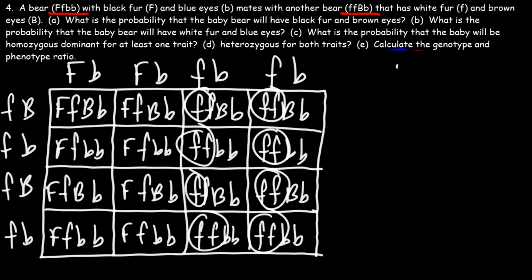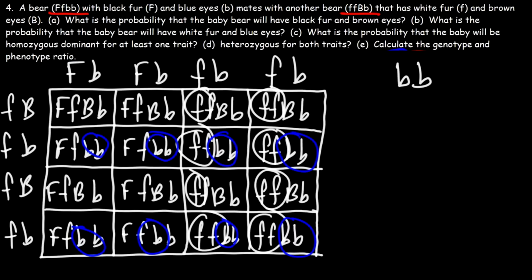So they should have the genotype little b, since blue eyes is going to be the recessive trait or the recessive allele. So let's use the color blue. So here's one, here's another one, that's another one, and that's it.